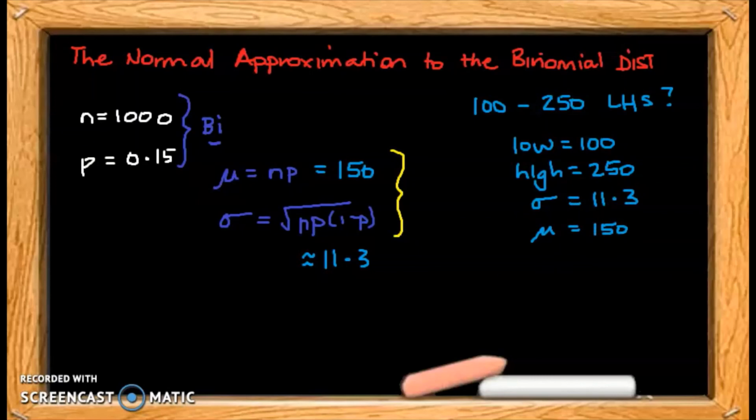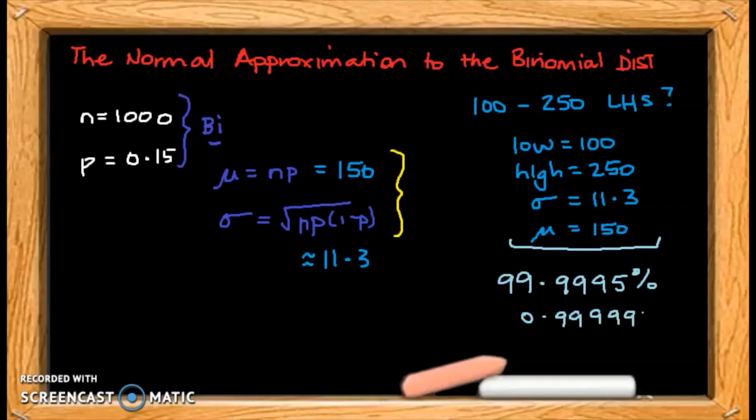And using normal distribution on the calculator, I would find the probability of having between 100 and 250 left-handers, considering this according to the normal distribution, is 99.9995% or 0.999995.